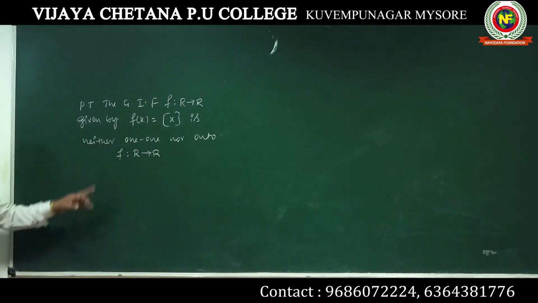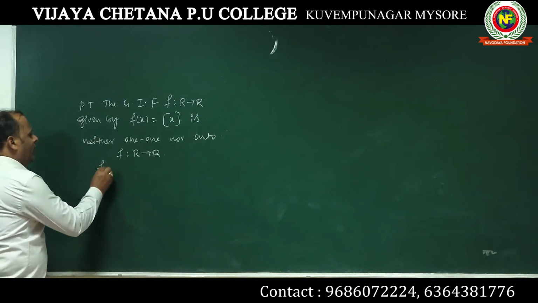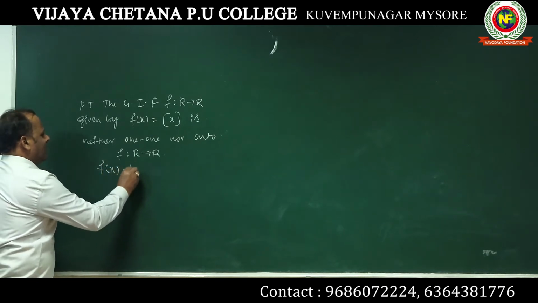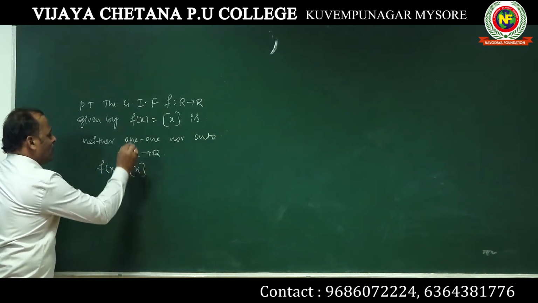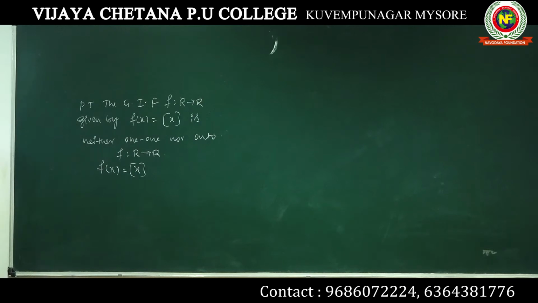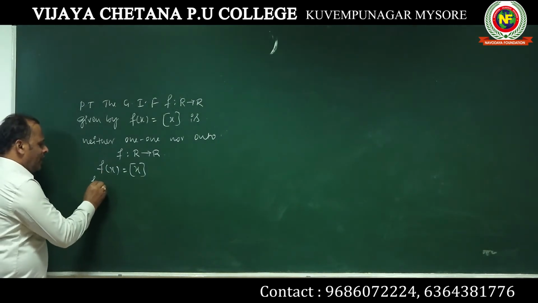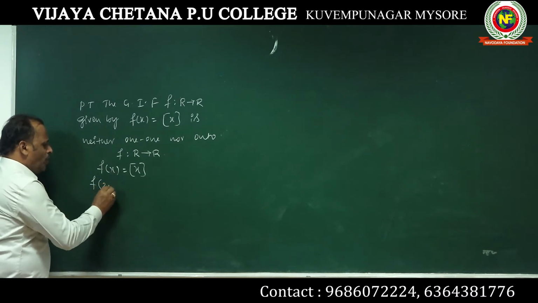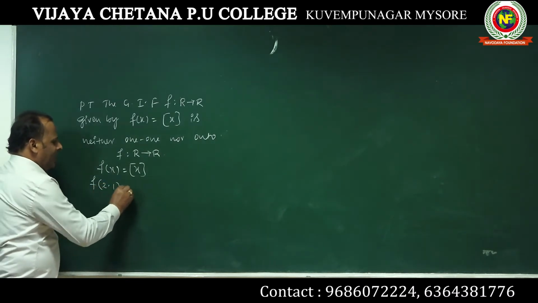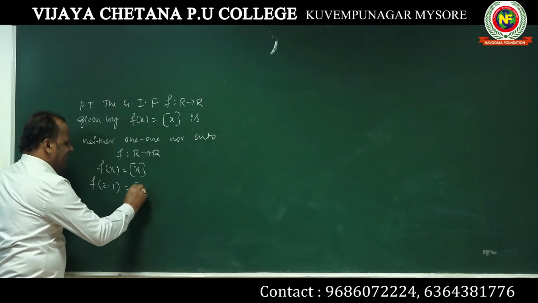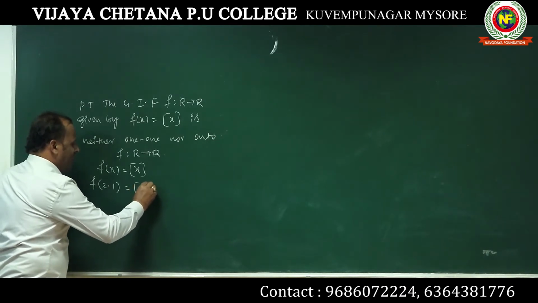Now I take f of x equals the greatest integer function of x. Now I take f of 2.1, which is equal to the greatest integer function of 2.1.